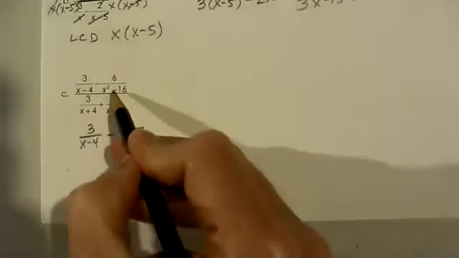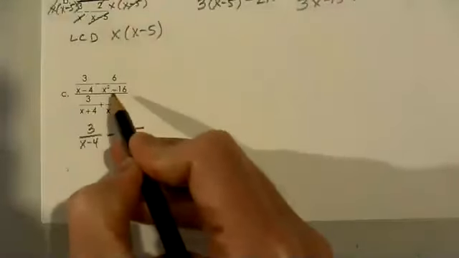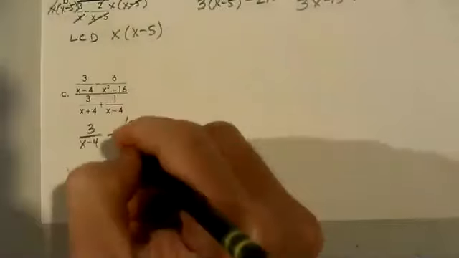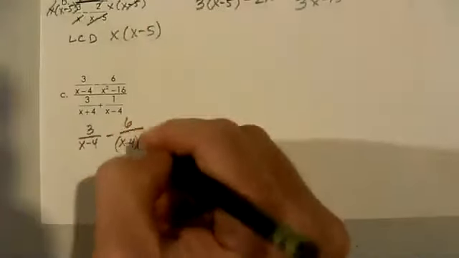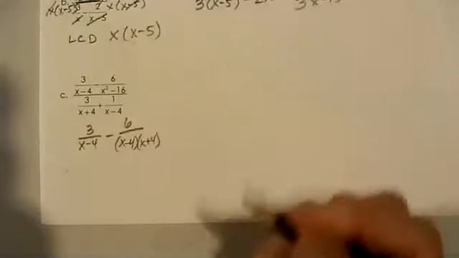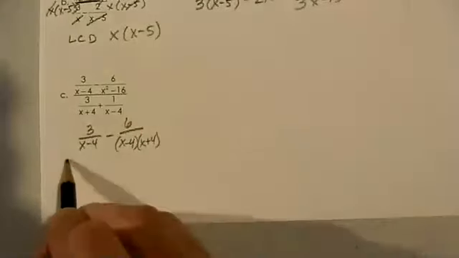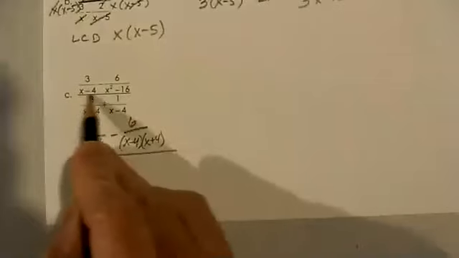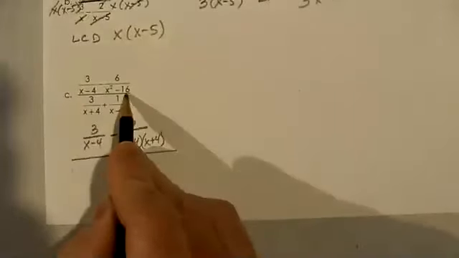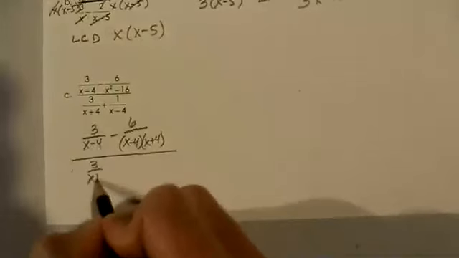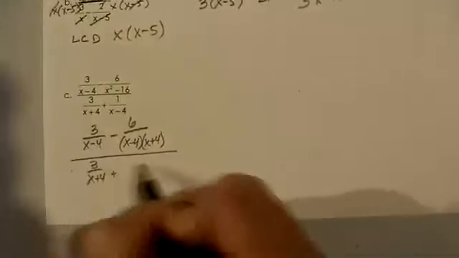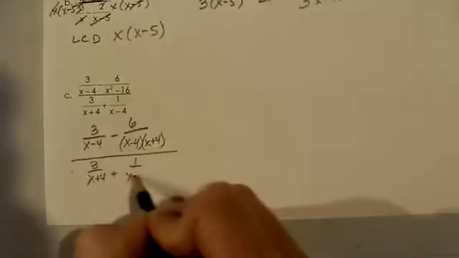How do we factor? This is called the difference of two squares. So we would say x minus 4, x plus 4, and it's a long fraction bar. Then on the bottom is still your 3x plus 4 and 1 over x minus 4.